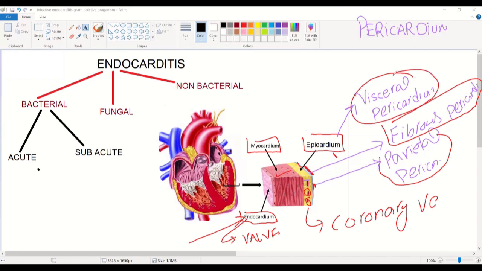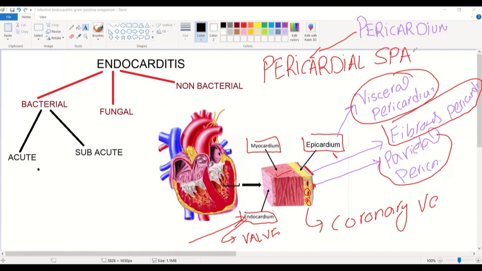Where is the pericardial space? Can anybody tell me in between which layers the pericardial space is?